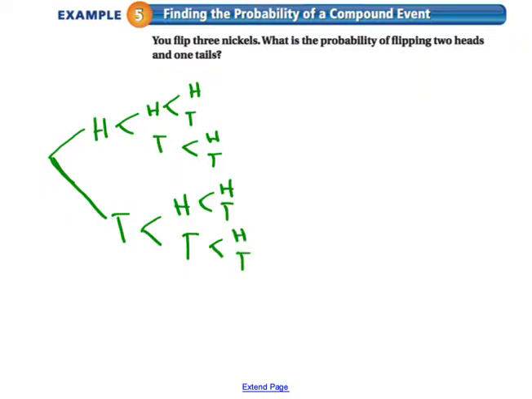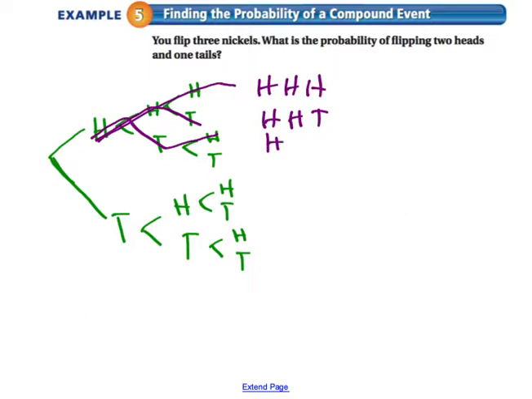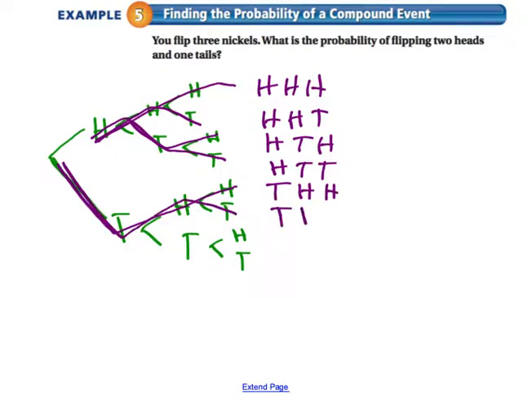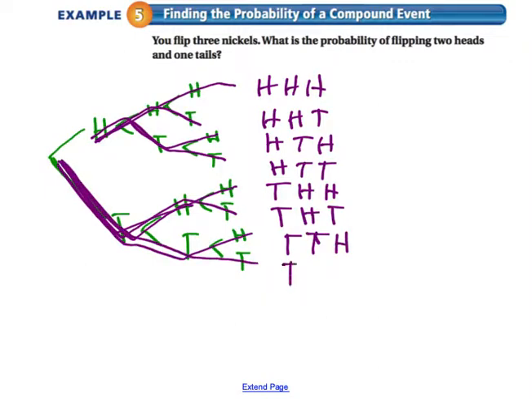Okay, so my sample space, if I go up this row, that's heads, heads, heads; heads, heads, tails; heads, tails, heads; heads, tails, tails; tails, heads, heads; tails, heads, tails; tails, tails, heads; and tails, tails, tails.